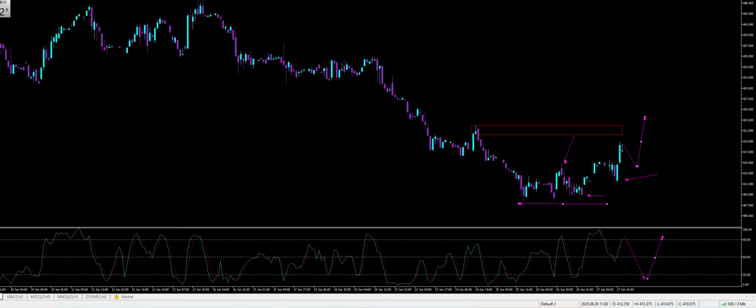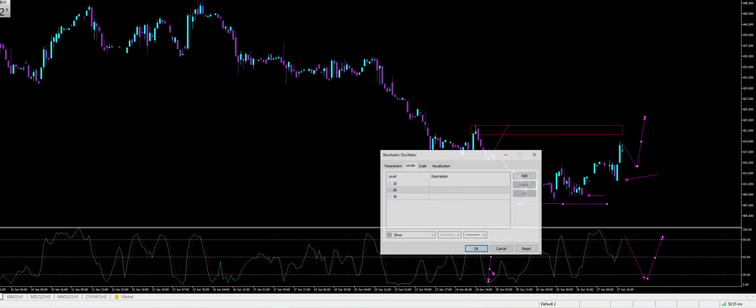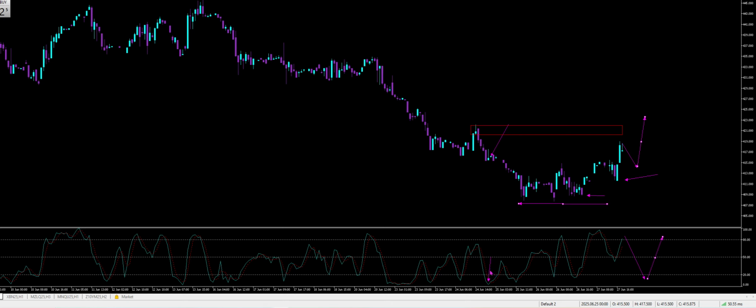Okay, so we had price make a new low right here, but look at the oscillator on this low. Okay, so it put in a new low on the oscillator right here. So that's fine. All right, so that's good.